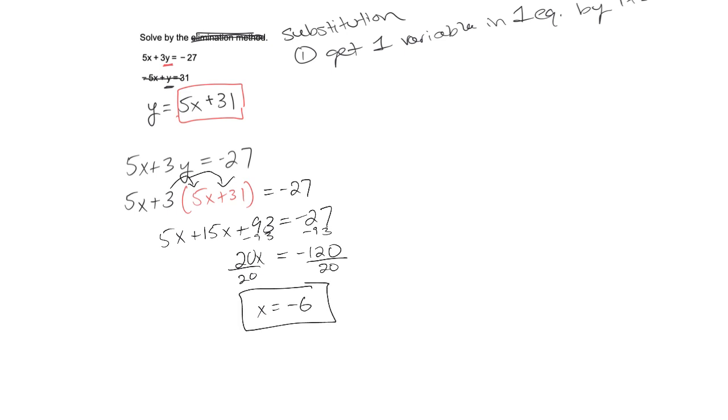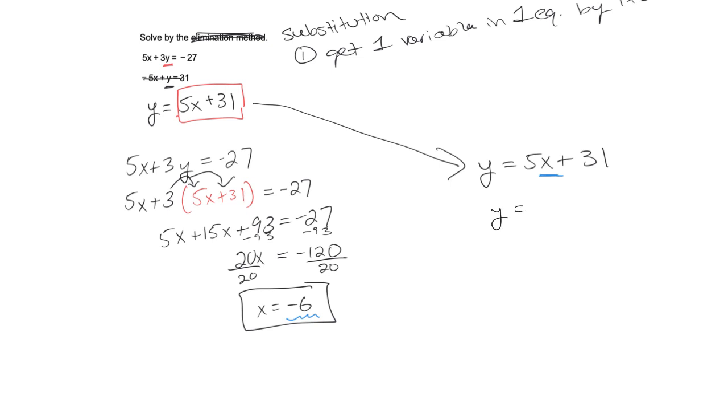So x equals -6. Now, right, we bring this over here. Y is equal to 5x plus 31. And we're going to substitute in -6 for x. And this will allow us to solve for y.